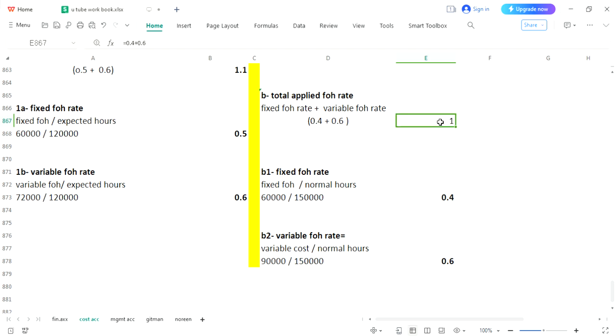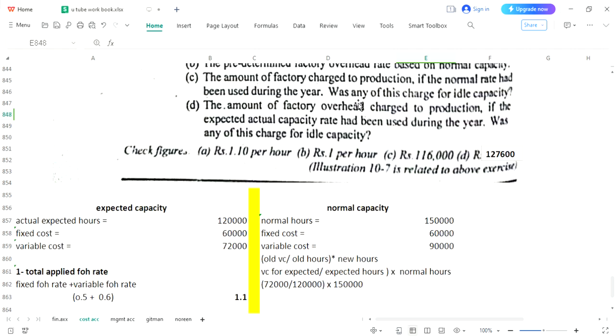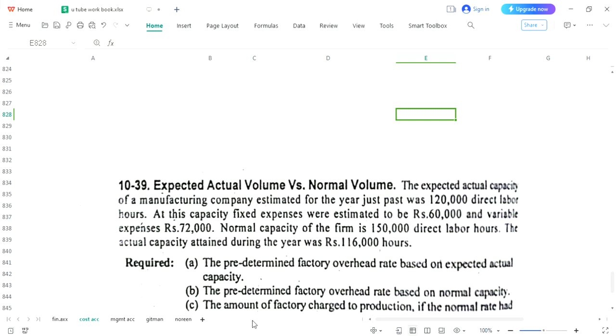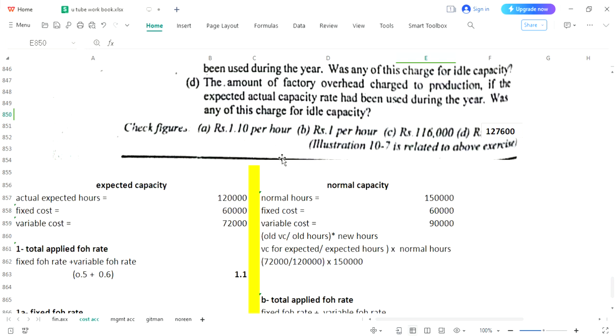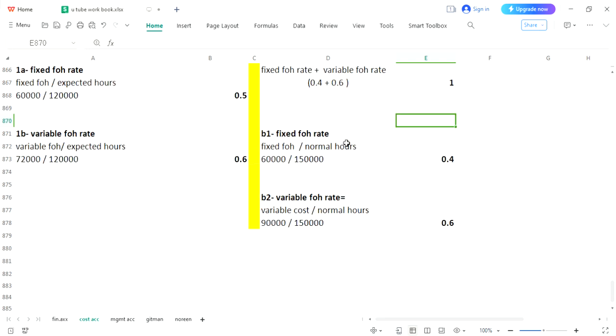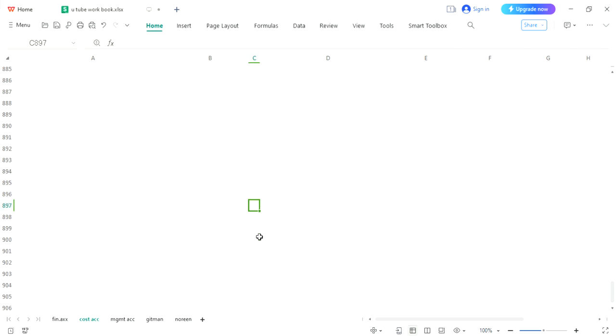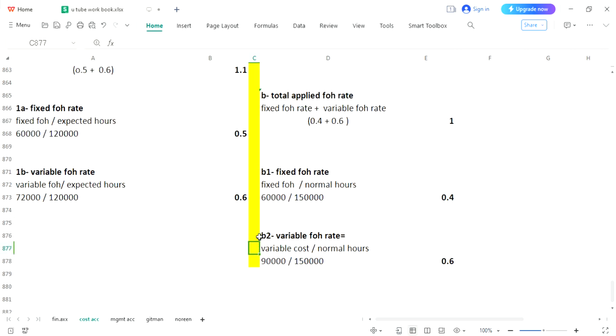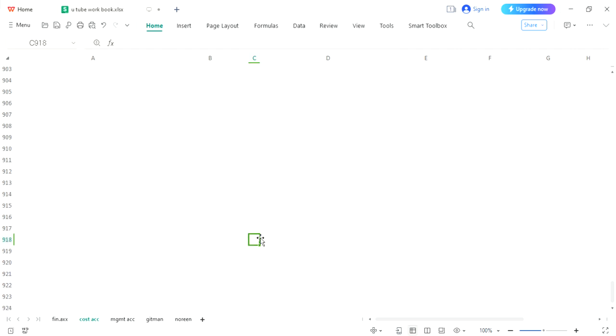So we have got our second rate, which is the total applied FH rate based on normal capacity, is 1. This was your normal capacity B. Answer B is 1, and you can see our answer is also 1. In this way, the B part is completed. Now we will be looking forward to calculating the next part.